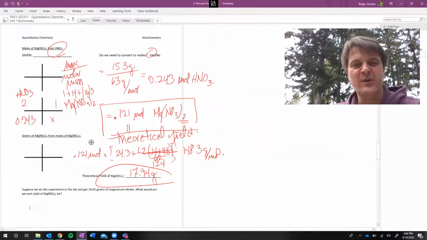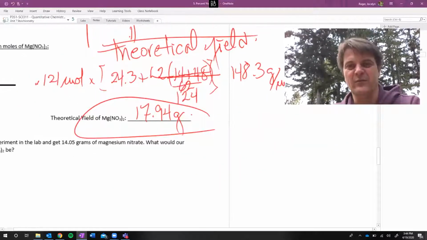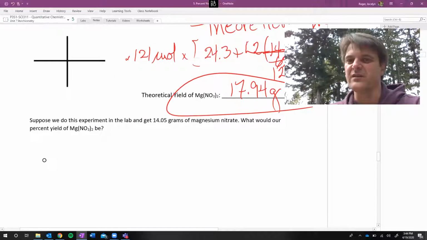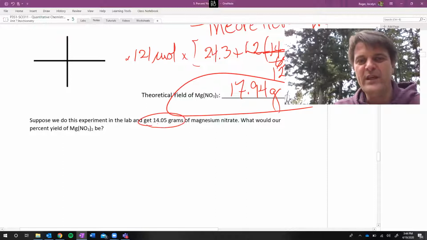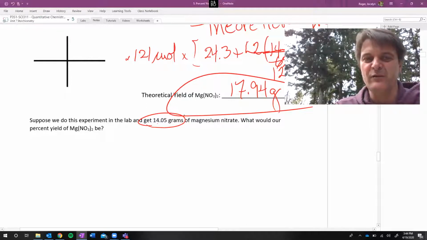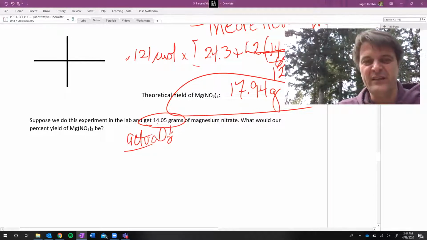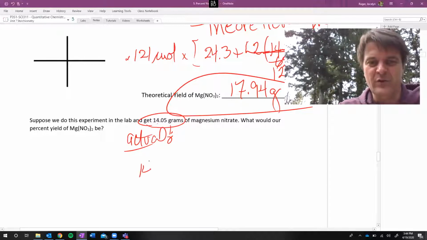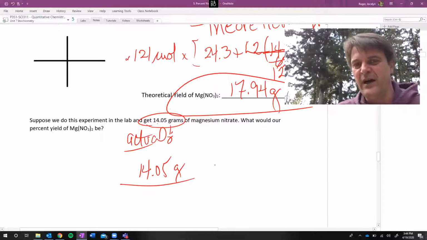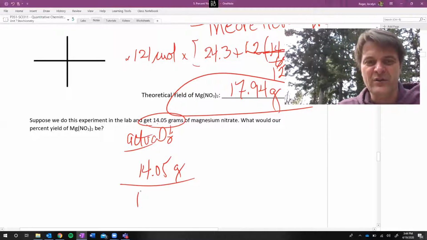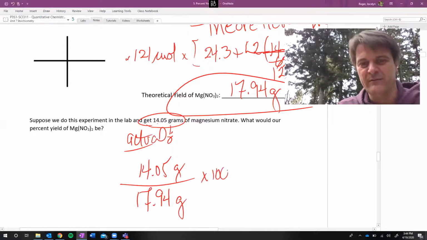Suppose we did this experiment. Again, we're about to be told what the actual yield is. We're actually doing the experiment in the lab. We get 14.05 grams. That's our actual yield. So the percent yield is the actual, 14.05 grams, divided by the theoretical, which is 17.94 grams, times 100.